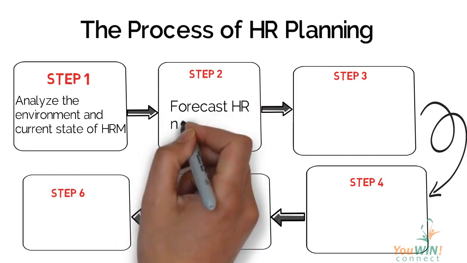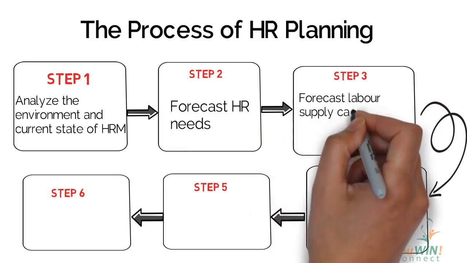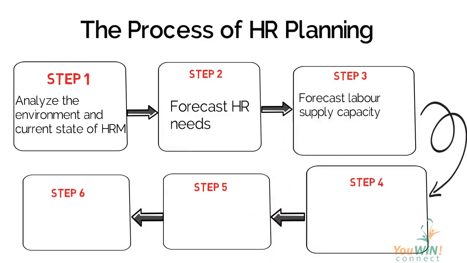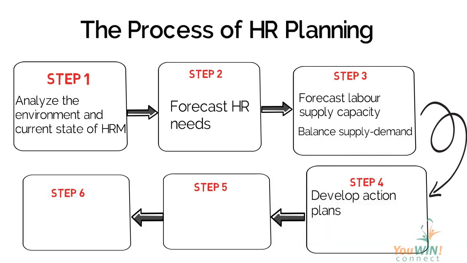Step 2, we forecast the HR needs. Step 3, we forecast the labor supply capacity and we balance the supply demand. This then takes us into step 4, which is to develop our action plans, and we also develop and adjust our HR policies as appropriate.